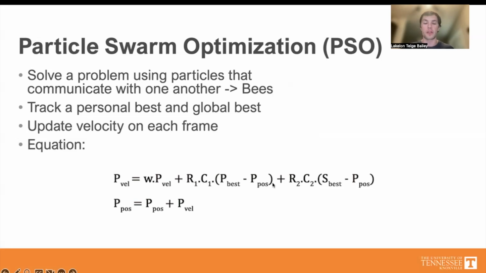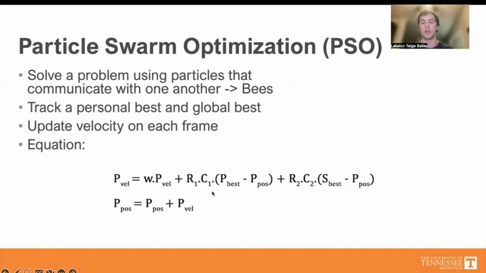And then this first product we've got here is the cognitive weight applied to this function. The cognitive weight decides how much emphasis the bees put on the personal best that they've found.